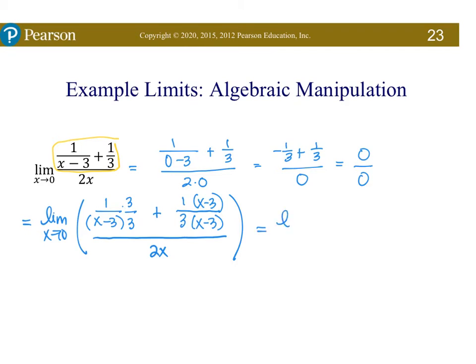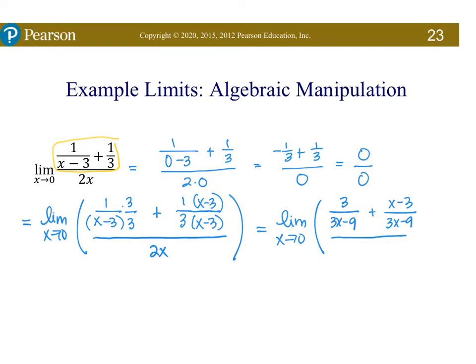I'm still doing algebra, so I'll put an equal sign followed by parentheses. So what do I have? I have 3 over the common denominator now, 3x minus 9, plus I have a numerator that's x minus 3 over the common denominator, 3x minus 9.